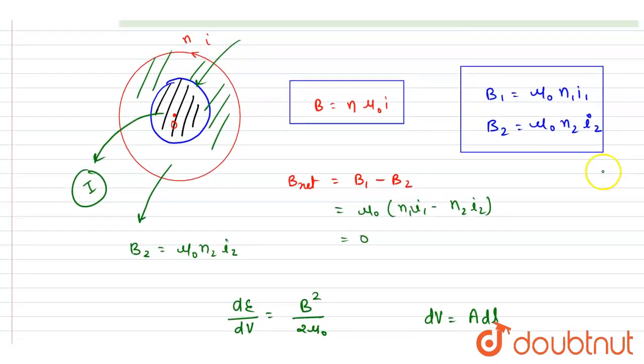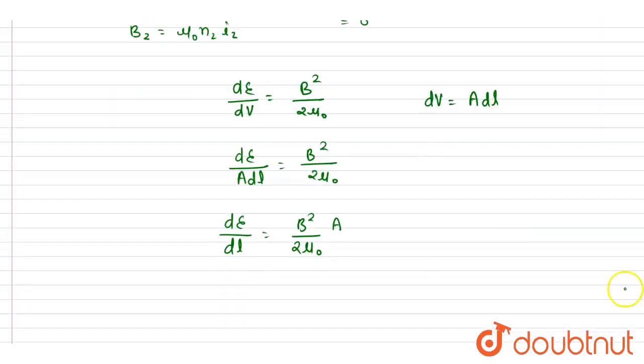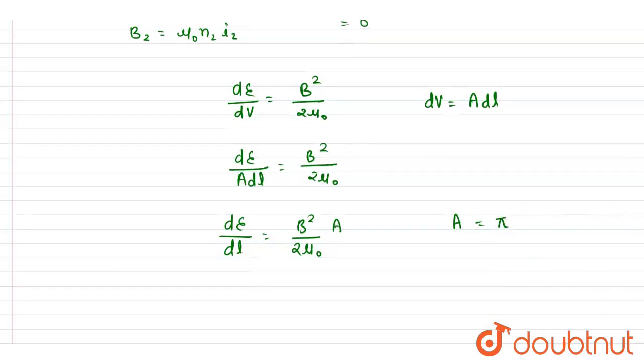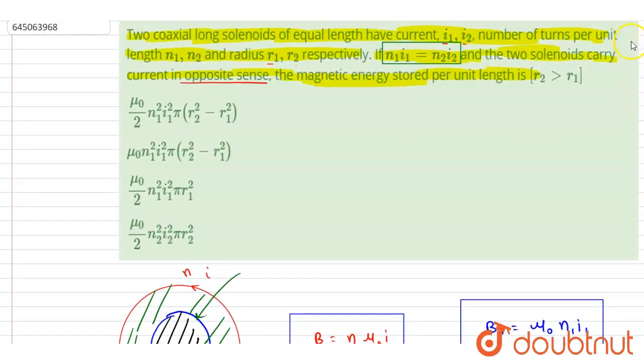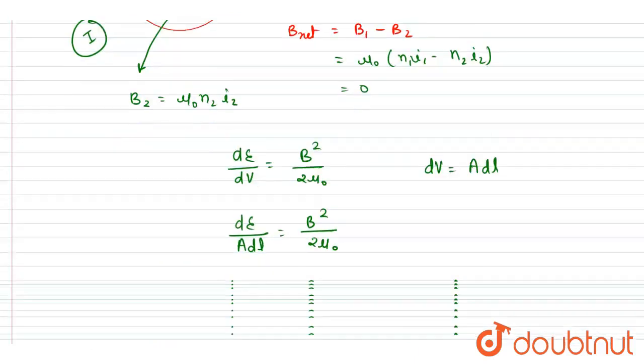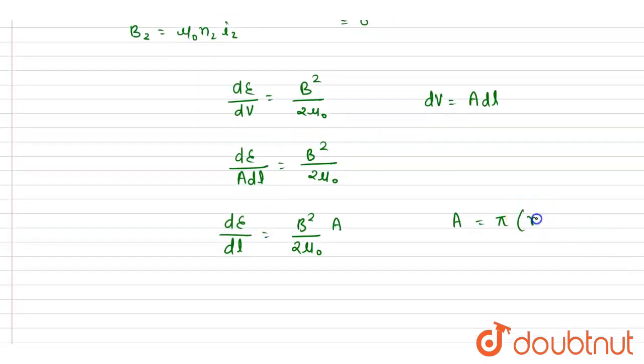We have seen that the magnetic field only exists in between the two circular regions. So we can write the area as pi, and the radii are R2 and R1. R2 is more, so pi times the radius of the bigger circle minus the radius of the smaller circle.